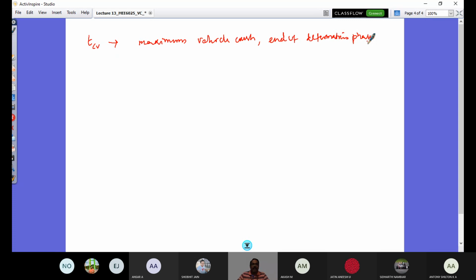So at this deformation phase, right? At this deformation phase, you have what? You have plastic and elastic impact. So the deformation phase would involve plastic and elastic impact.